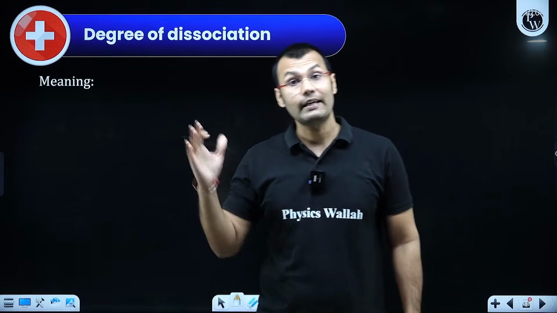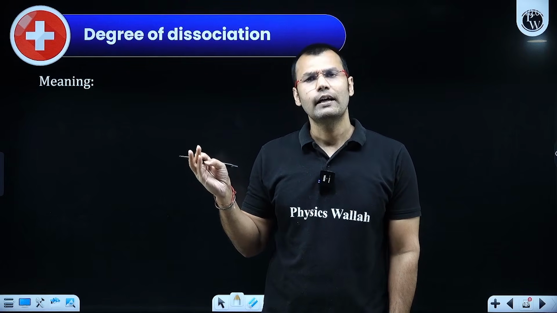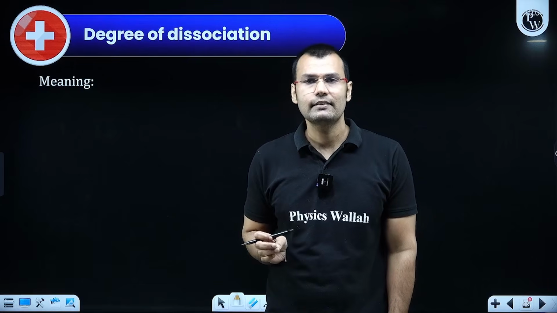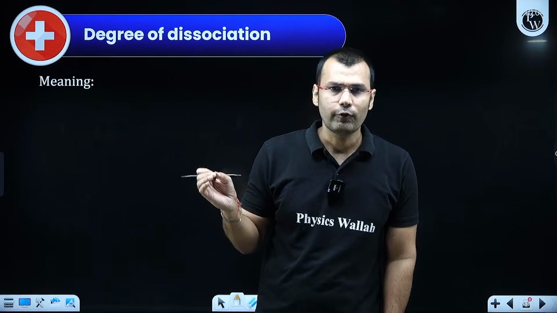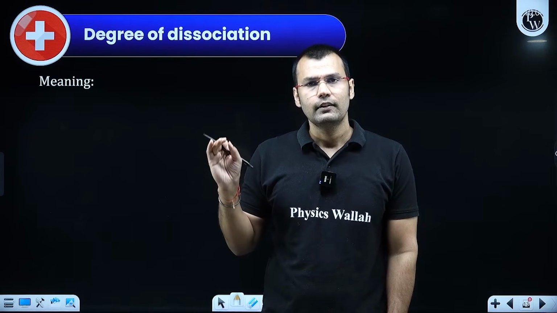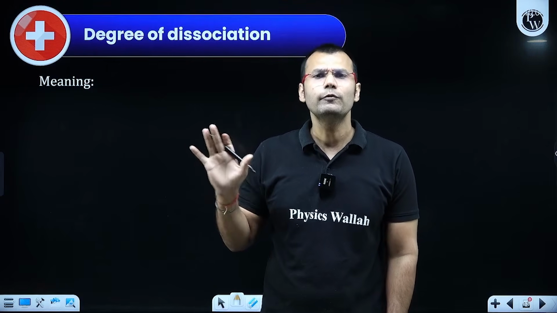All the inorganic acids like HCl, HNO3, H2SO4, they are strong acids, right? Some of the acids like H2CO3, H3PO4, HCN, right? They act as weak acid.